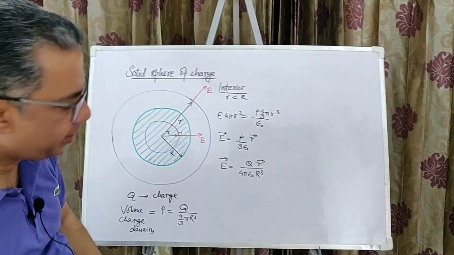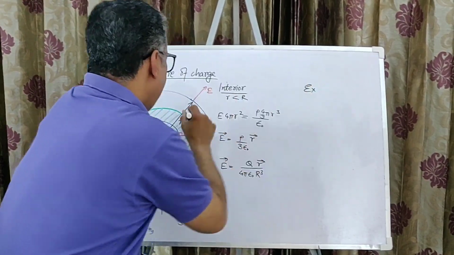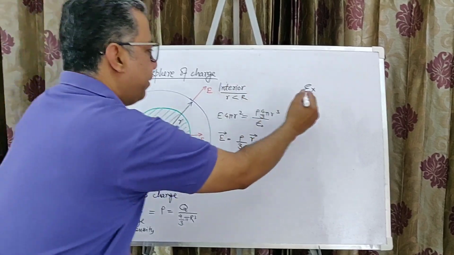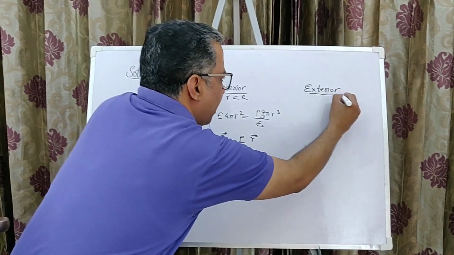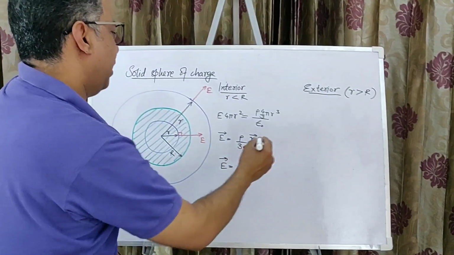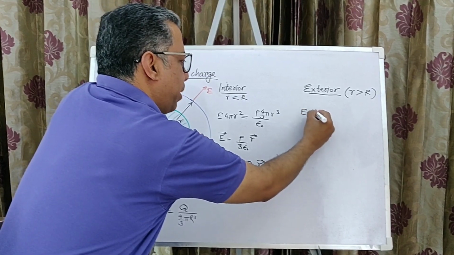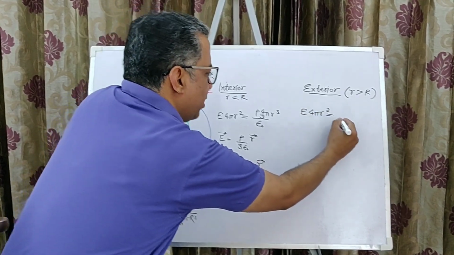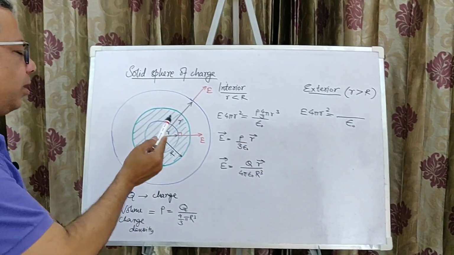It is completely outside the solid sphere, so we are now in the exterior, that is, small r is now greater than capital R. Flux calculation, E times 4 pi r square, equals 1 by epsilon naught times the enclosed charge.